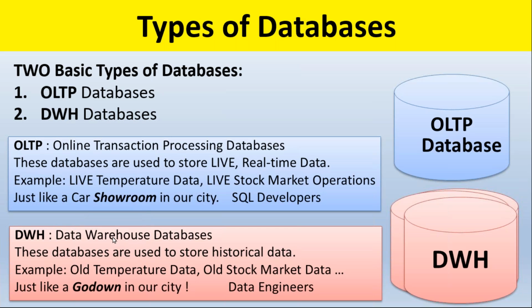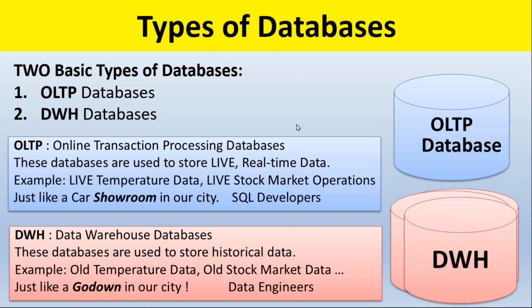Other one, data warehouse, to store old historical data like old temperature data, old stock market data, anything which is not live, anything which is not operational, or anything which stores history, old data.